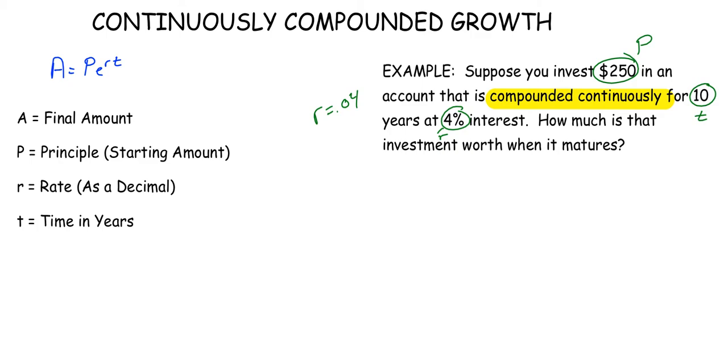When I plug that all into my equation, we get A equals 250 times E to the 0.04 times 10, and we plug that into a calculator, and it comes out to be about $372.96.